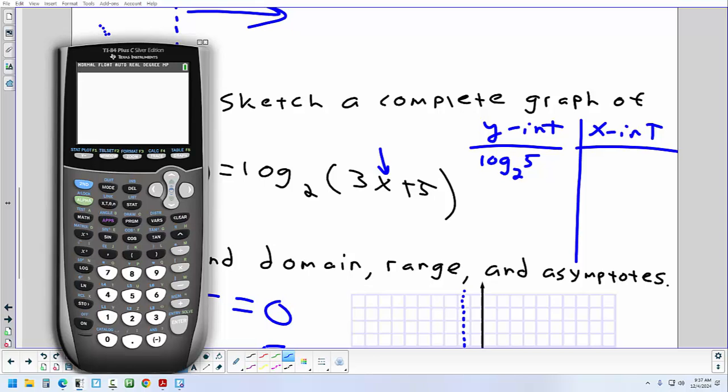Yeah, so you do ln 5 over ln 2, like that. Close bracket. Like that.